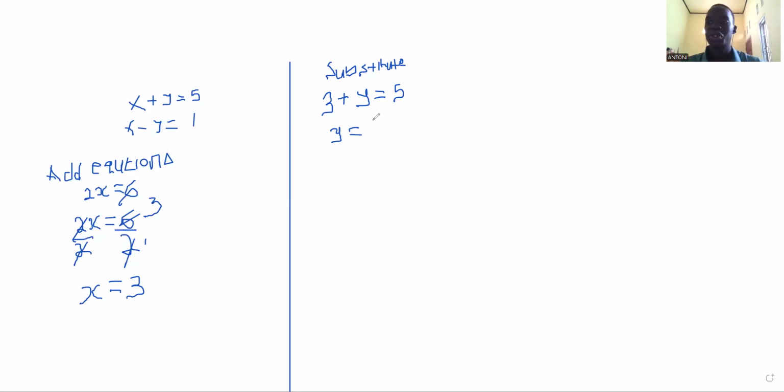So x is 3 and y is 2. Now we know all the unknown values, where x gives us 3 and y is 2. So the solution is x and y is 3 comma 2.